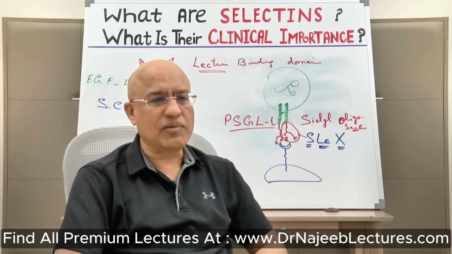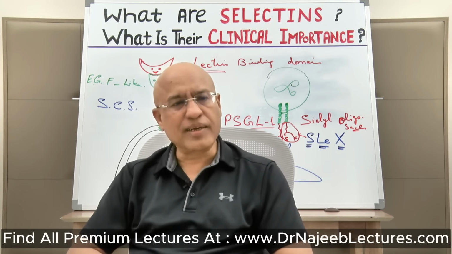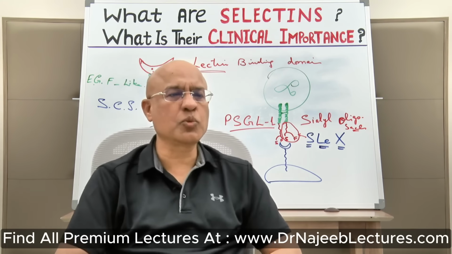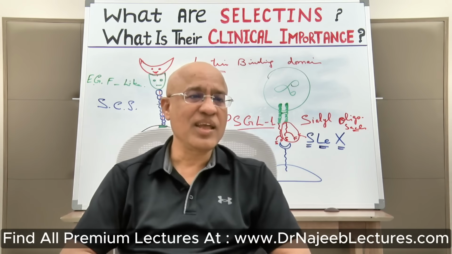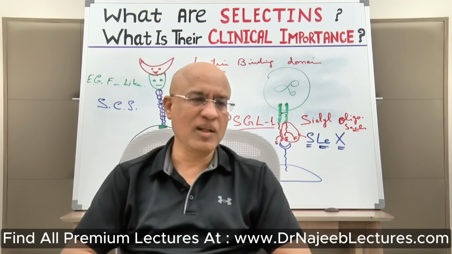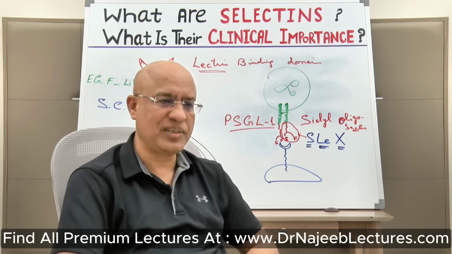These cancer cells are very clever, rather I should say they are very cunning. Cancer cells express a lot of sweeties on their membranes. Cancer cells express a lot of mucin-like molecules. They express a lot of carbohydrates on their surface.